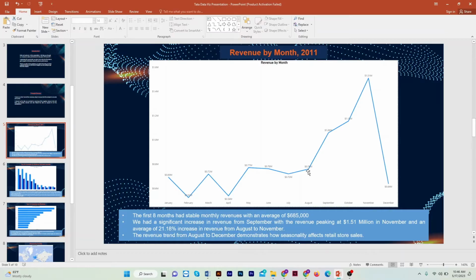But from the visual, you can see that we had quite steady sales from January to August at an average of $685,000, which peaked at 1.51 million when there was a sudden increase from August to November. So at November, we had the maximum sales of $1.51 million.